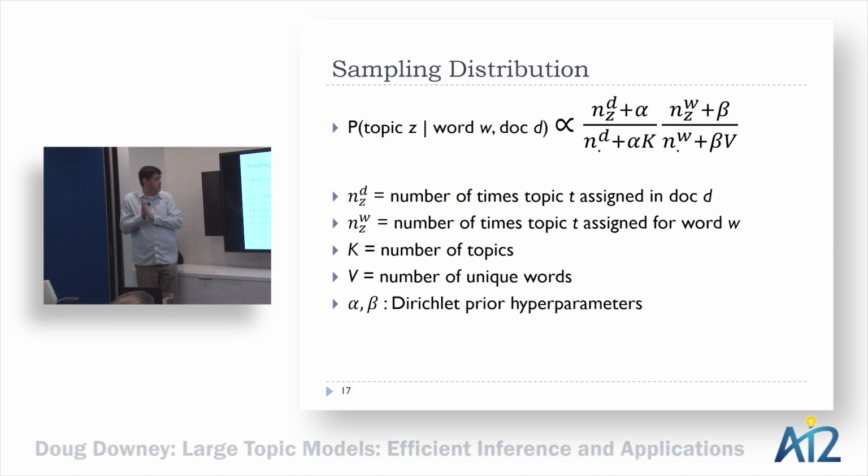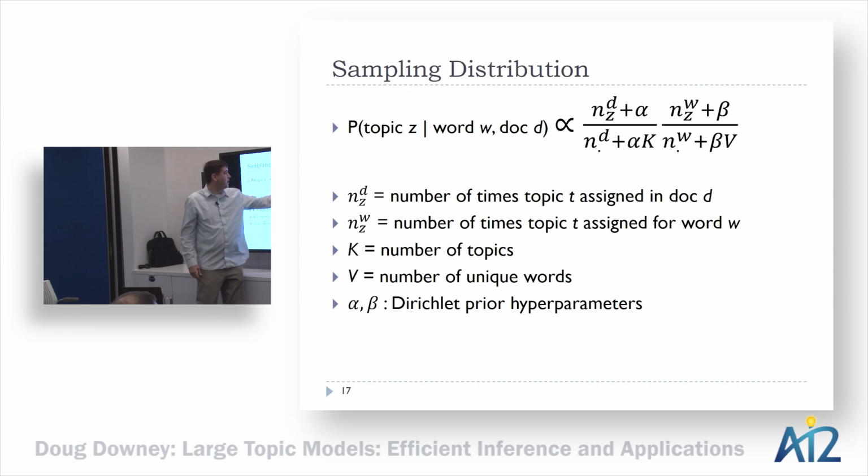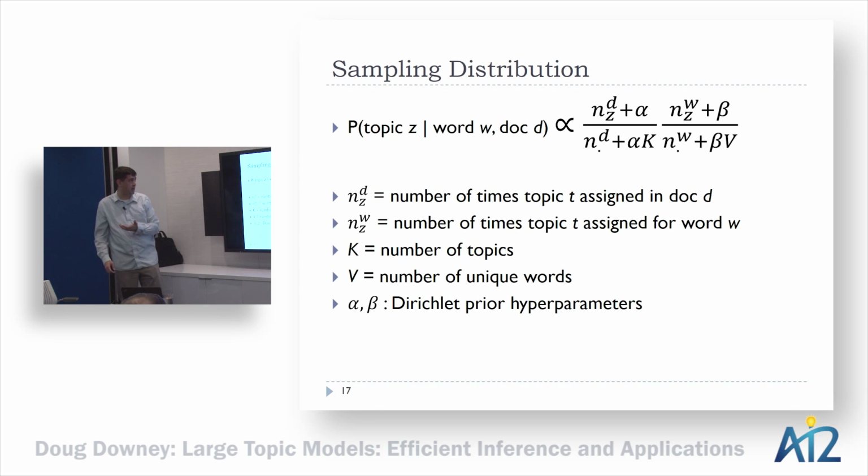So the idea is when we're trying to compute this new topic distribution, we take into account two factors. One is whatever the document tells us about which topics are more likely, and the other is whatever the word tells us about which topics are most likely. And that information just comes in terms of the proportions of the current state of the sampler. Across all these z's that we've assigned, we count up how many times this document uses a particular topic z, and how many times this word uses a particular topic z.